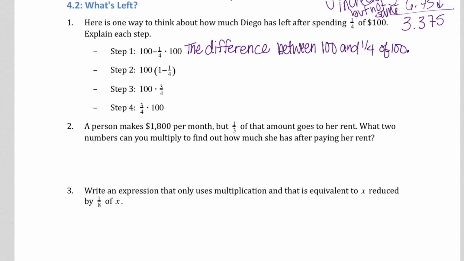Step 2, we have 100 times the quantity of 1 minus 1/4. So this is either factoring out 100, or applying the distributive property.